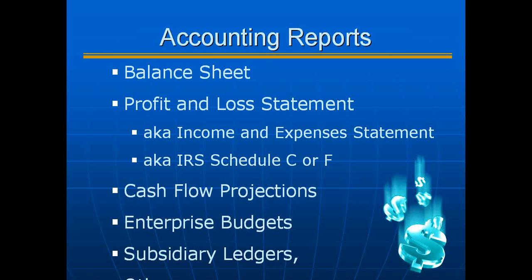The better your record-keeping system and your chart of accounts, your accounting system, the better that's put together and planned out and thought about, the better information you're going to be able to get out in order to make those good decisions that we're talking about. Next slide.